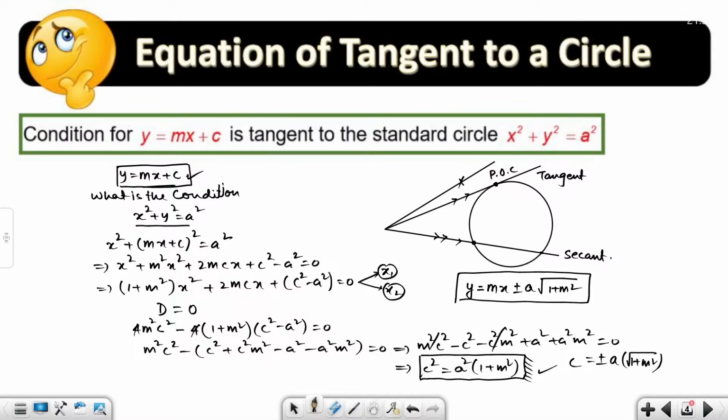That's it. So this is the equation of the tangent. And the condition that y equals to mx plus c will be a tangent to the circle x square plus y square equals to a square is c square equals to a square into 1 plus m square. That's it. Is this clear to all? If you have any question, you can ask me.